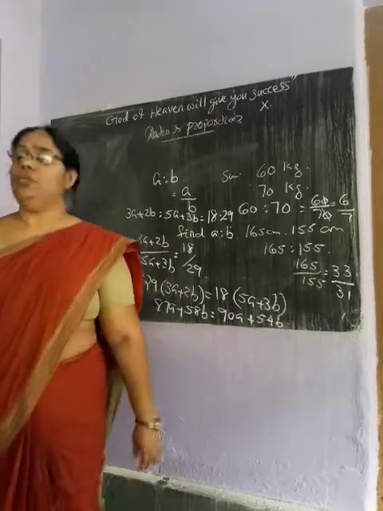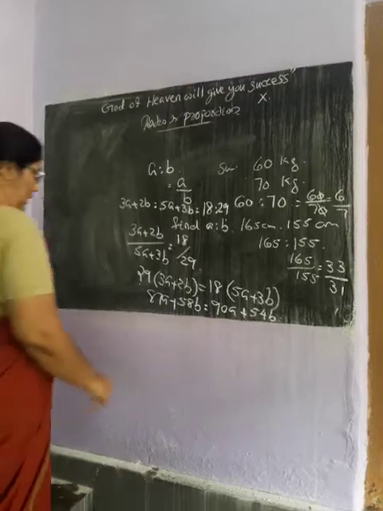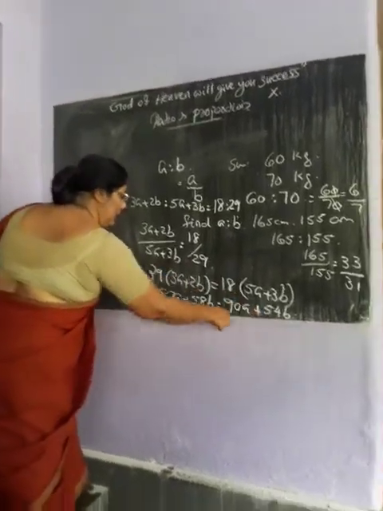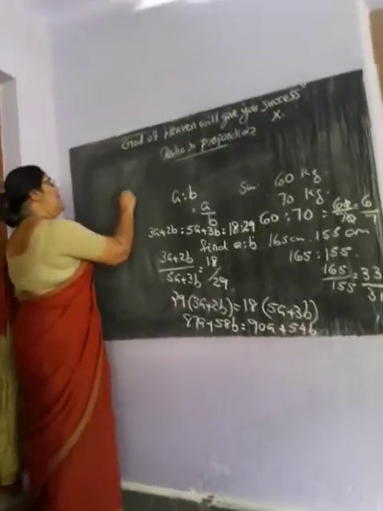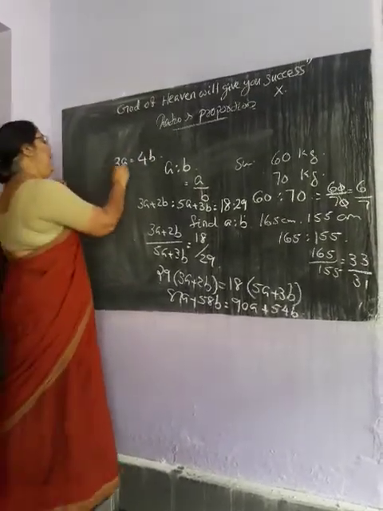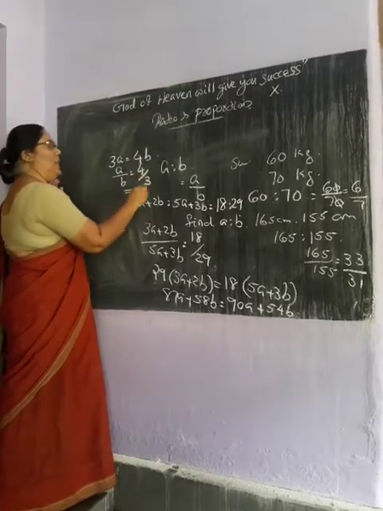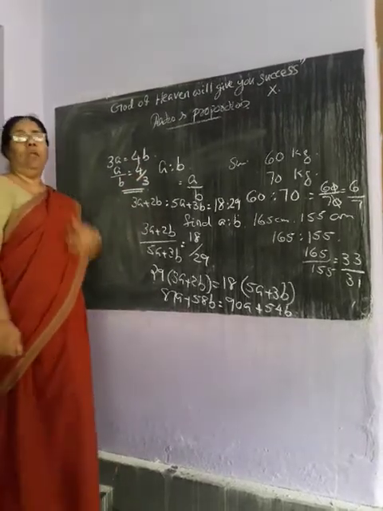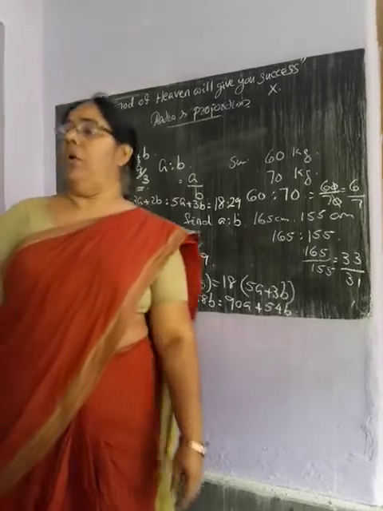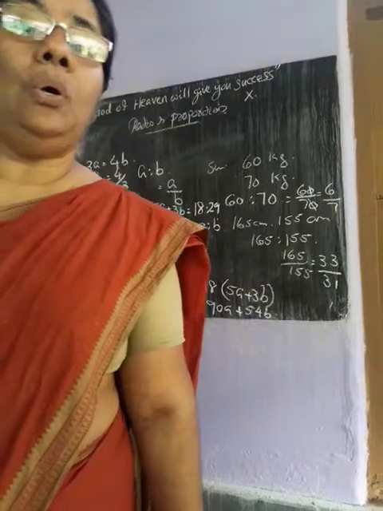Understand? Just cross multiply, then converting this to the other side, 3a is equal to 4b, or a by b is equal to 4 by 3. What is a by b? 4 by 3, or we can write that is equal to 4 is to 3.